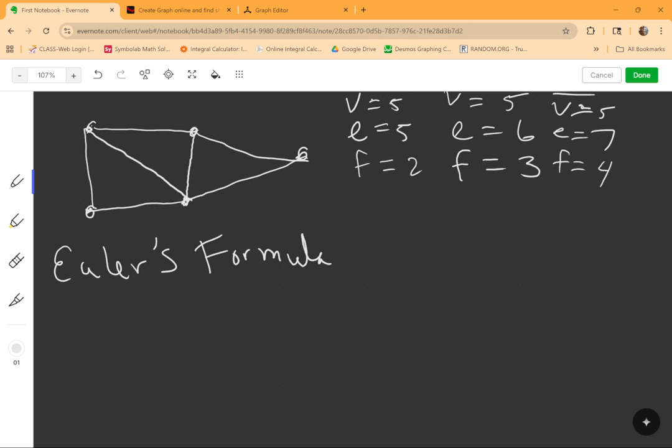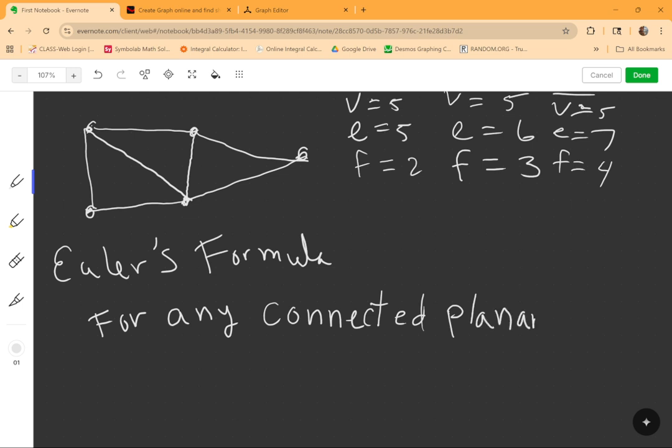For any connected planar graph, we have V minus E plus F is equal to 2.